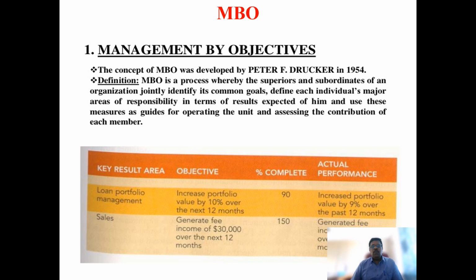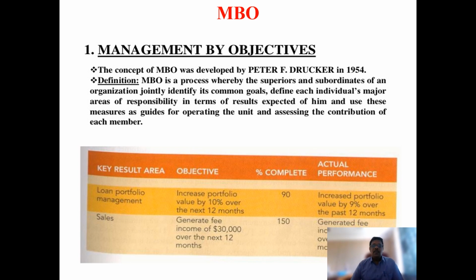What about MBO? MBO is a strategic approach to enhance the performance of an organization. It is a process where the goals of the organization are defined and conveyed by management to the members of the organization with the intention to achieve each objective.